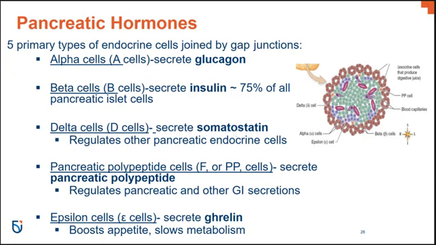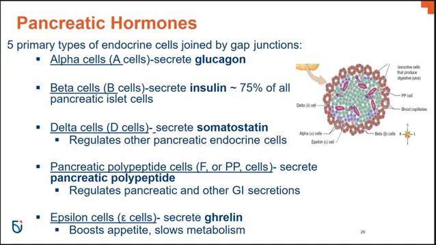Next up are pancreatic polypeptide cells, which produce and secrete pancreatic polypeptide, which, as I just mentioned, is inhibited by somatostatin. Much is still needed to be learned about these cells, but what we do know is that they influence digestion by regulating digestive secretions from the pancreas and from the gastrointestinal tract. And this will all come up again in the digestive unit.